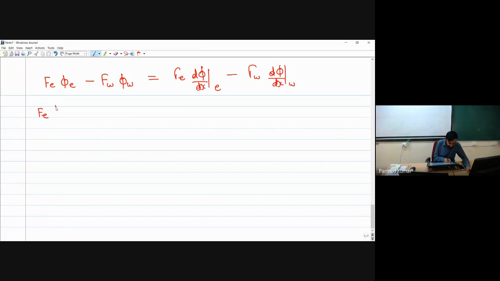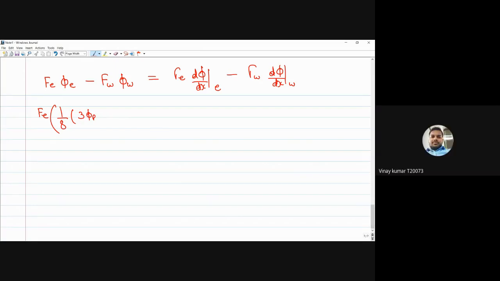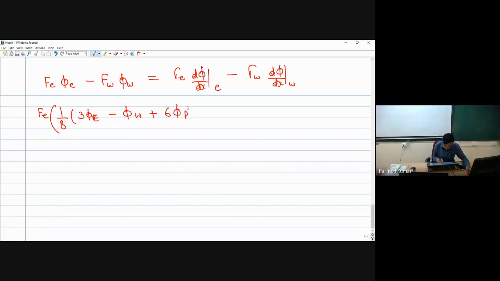What will I be getting? Fe into, in place of phi E, can you tell me the value? Sir, 1 by 8 times 3 phi E minus phi W plus 6 phi P. And minus Fw into, what will be the value for phi W?